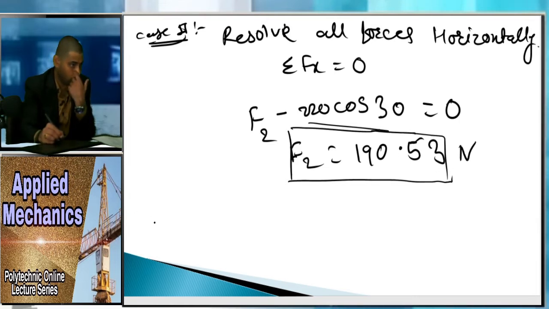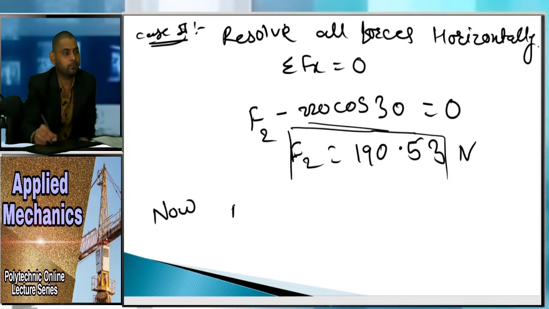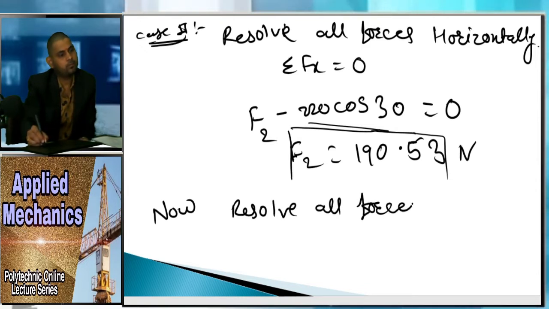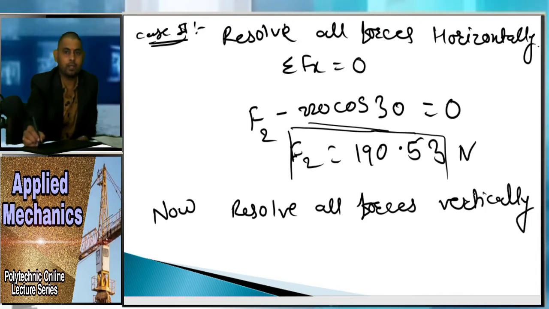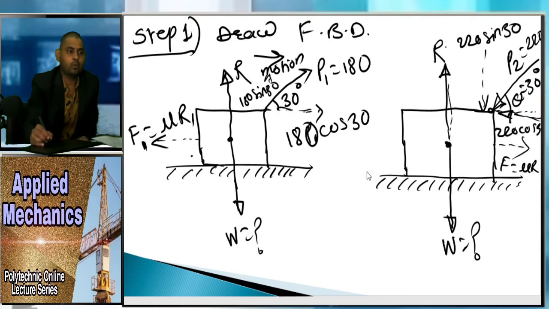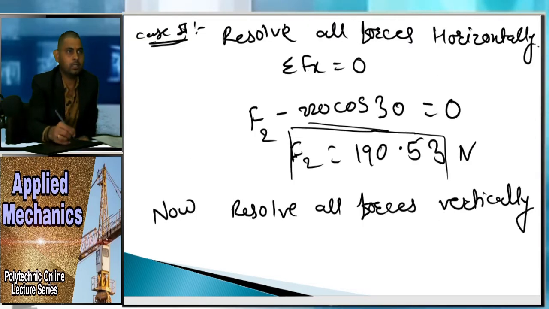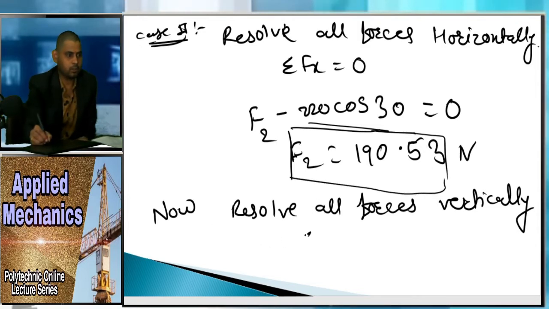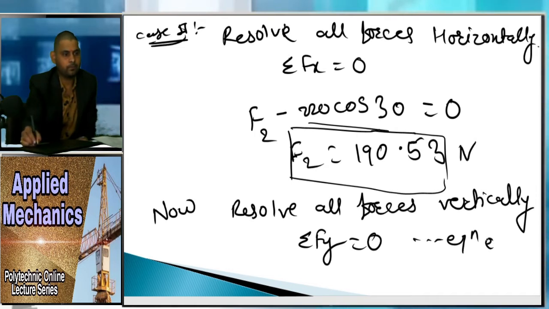Now resolve all the forces vertically. Why are we doing this two times? Because we have been given two conditions, we get two free body diagrams, so for free body diagram 1 and free body diagram 2 we have to take all the steps for both cases. Summation of Fy is equal to 0 from the equilibrium condition.